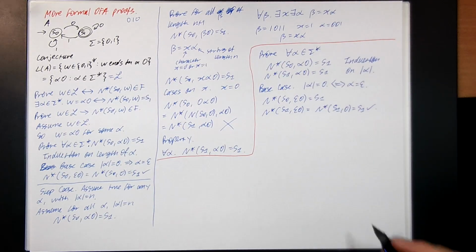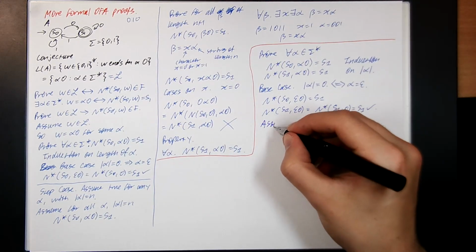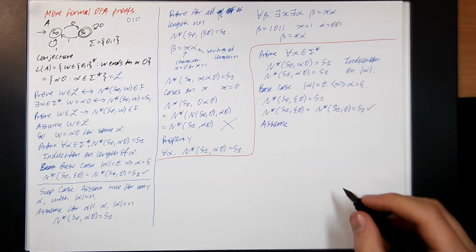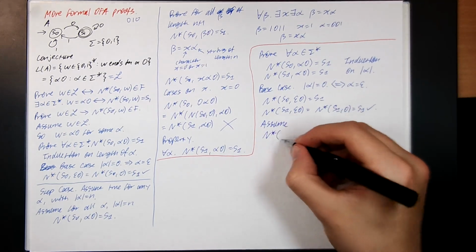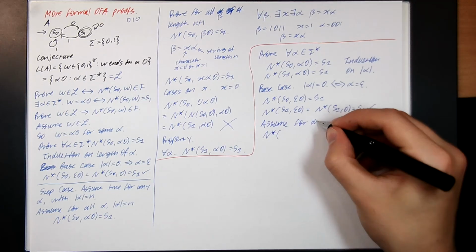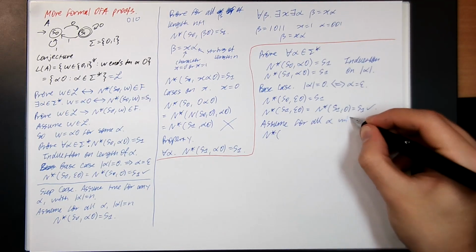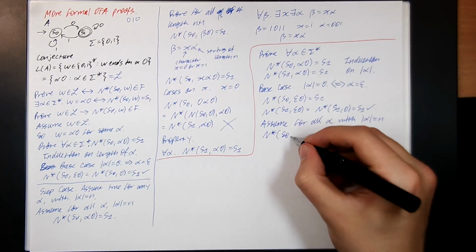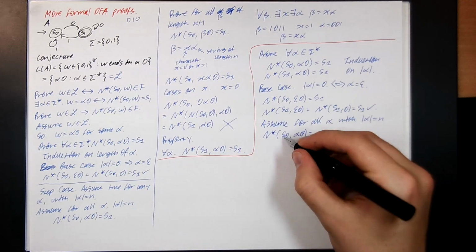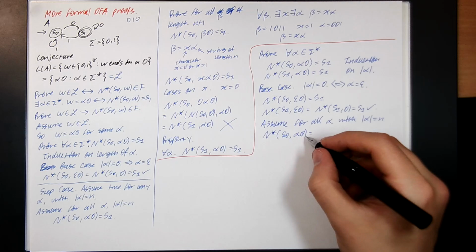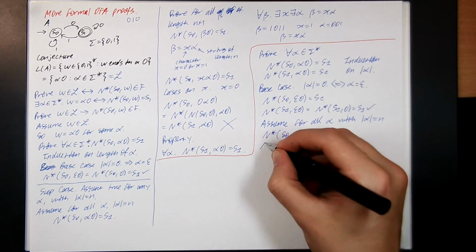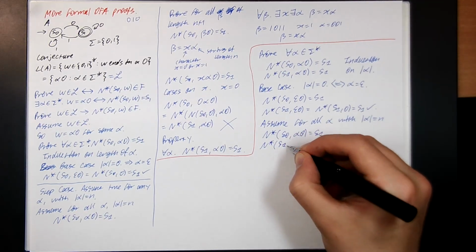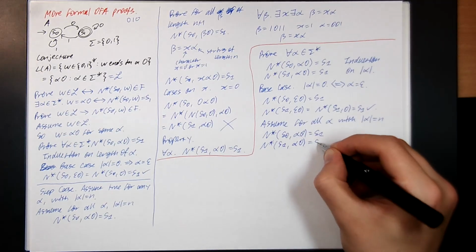Okay, cool, that worked. So now we're going to assume two inductive hypotheses. We're going to assume that for all alpha with length of alpha equal to n, the property holds. So from S0, reading alpha 0 gets me to S1, and from S1, reading alpha 0 also gets me to S1.